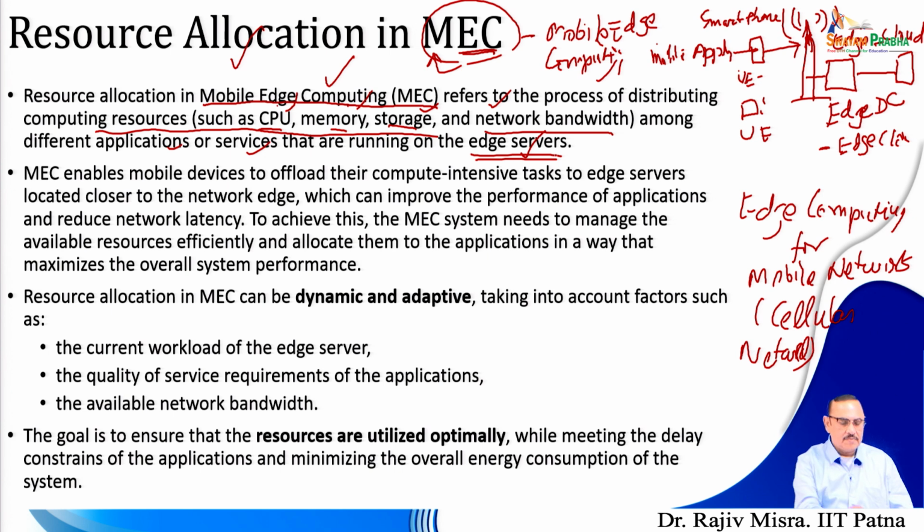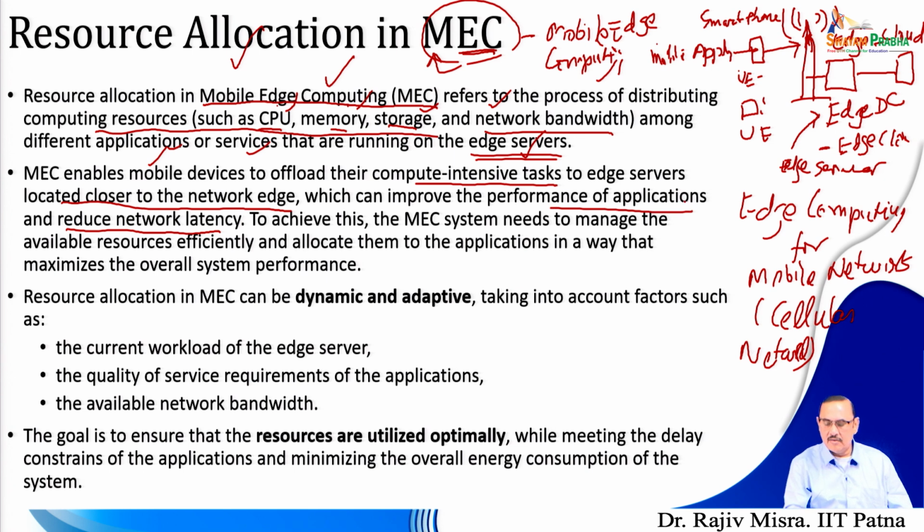This MEC enables the mobile devices to offload their compute intensive tasks to the edge servers. They are called the edge servers, located close to the network edge, here we are calling it the base station, very close by to the base station, which can improve the performance of applications and reduce the network latency.